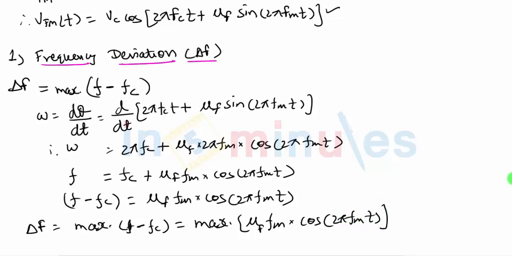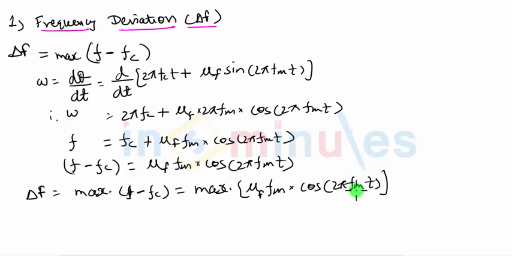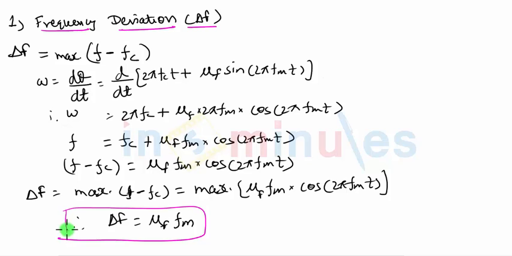Now we all know that the maximum value taken by the cosine function is equal to 1, and therefore we get delta f equal to mu f into fm. Very important expression of frequency deviation. Or I can also use this expression to define the modulation index mu f. Mu f comes out to be the ratio of delta f and fm. So we get one more important expression.